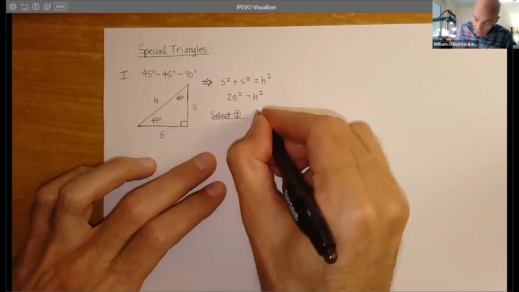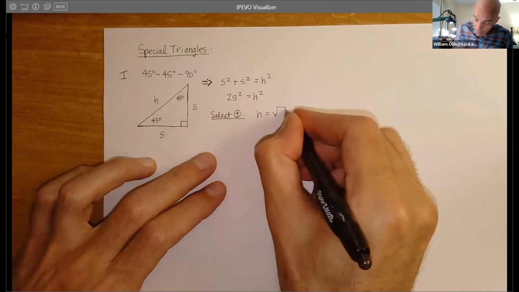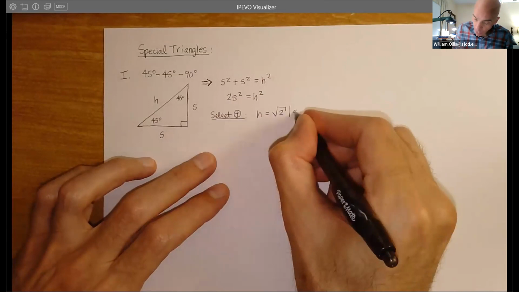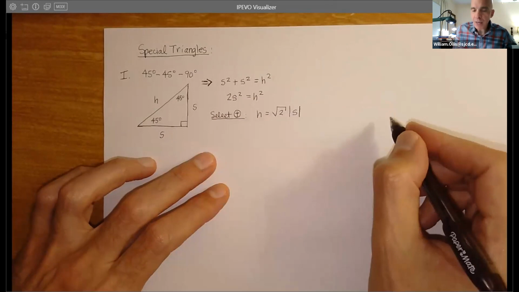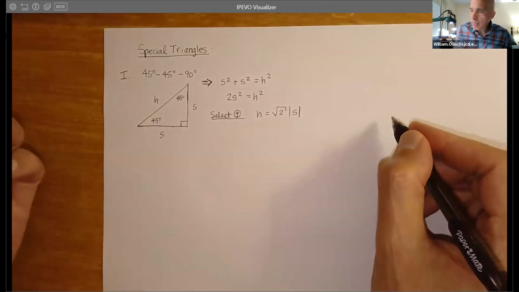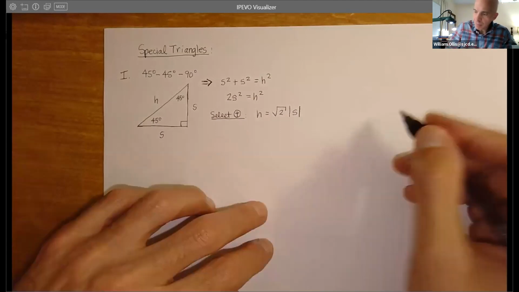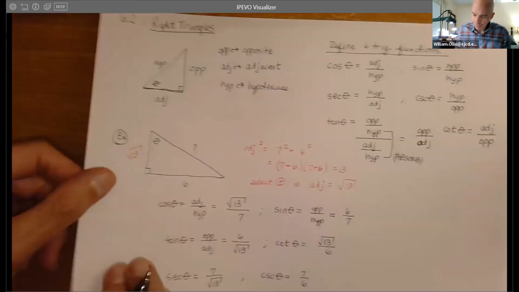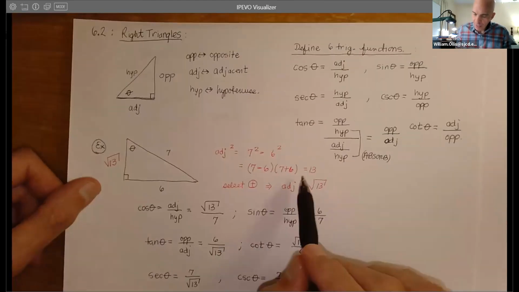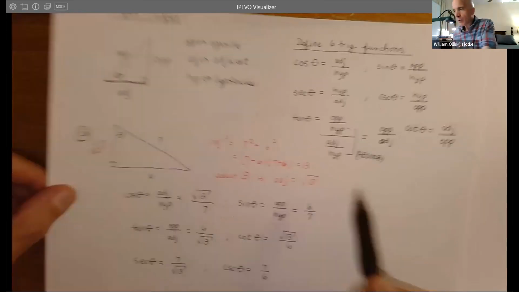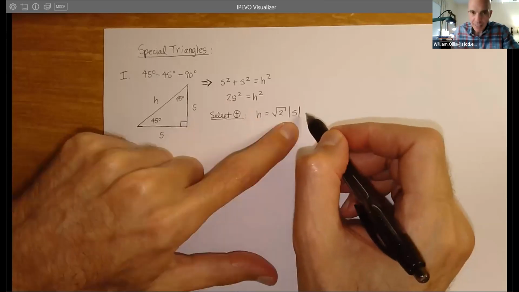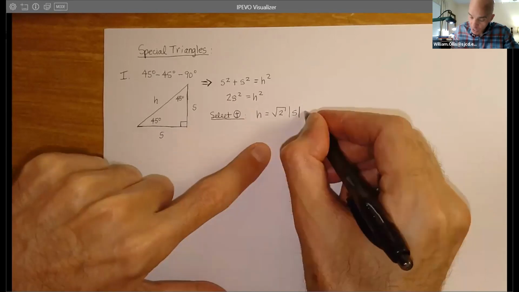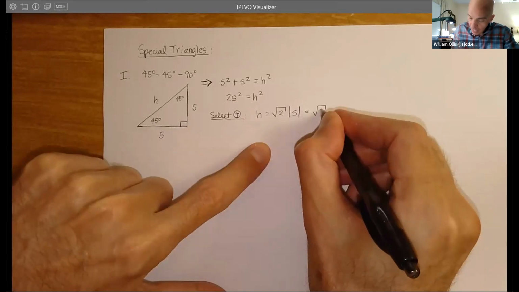And this will give us H equals the square root of 2 times the absolute value of S. Again, when we think about what we're doing as far as taking square roots, like we did with the result over here, notice we had the square root of 13, but here we've got the square root of a square, which is the absolute value of S, but by definition, S is non-negative. So this is just the square root of 2 times S.